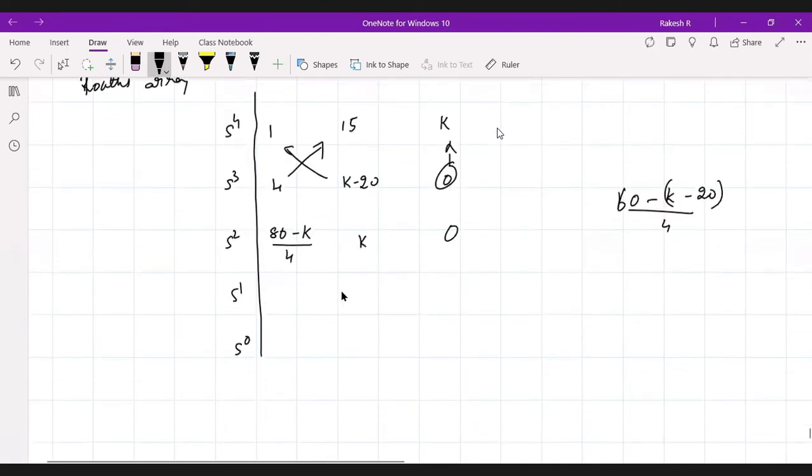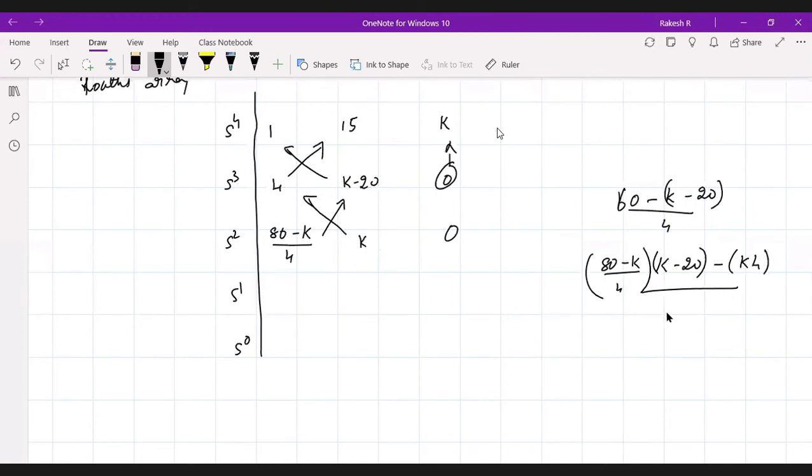Next we need to find out this value. To find this, I multiply these two and subtract with these two. That is (80 minus k divided by 4) into (k minus 20) minus k into 4, that is 4k, whole divided by (80 minus k divided by 4). Simplify this.